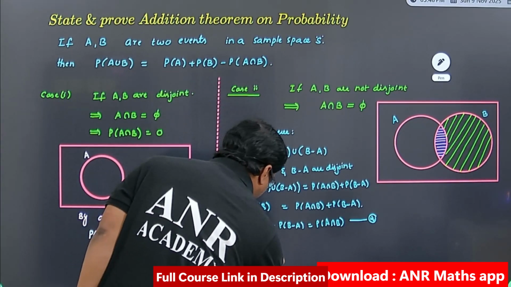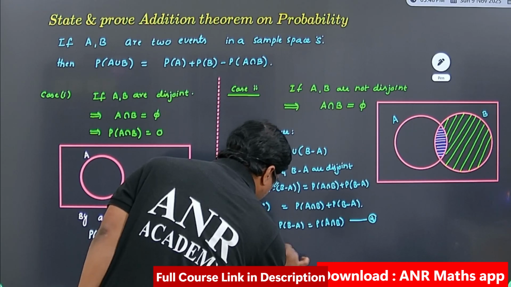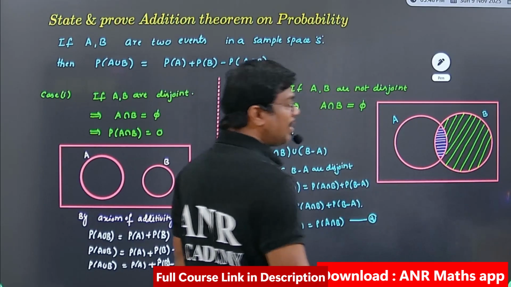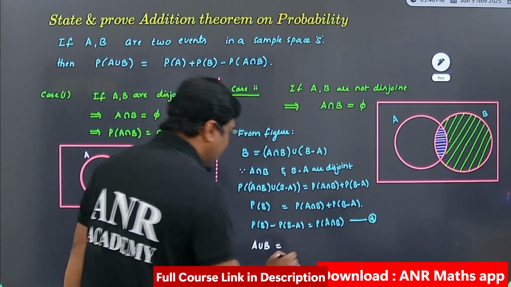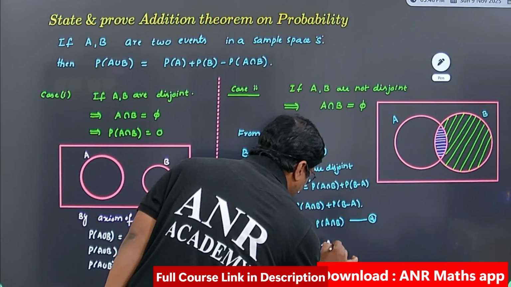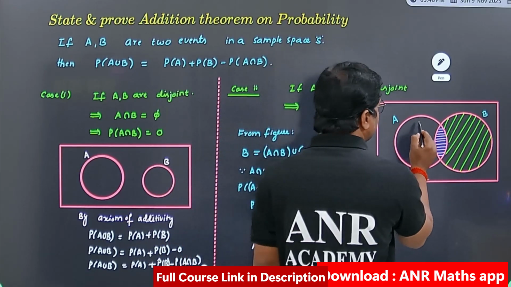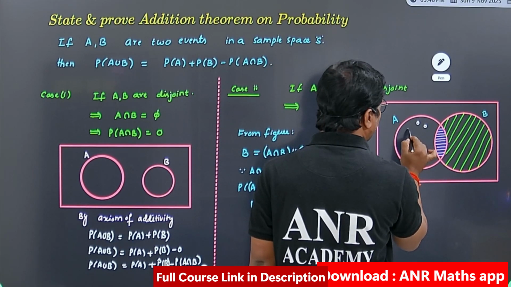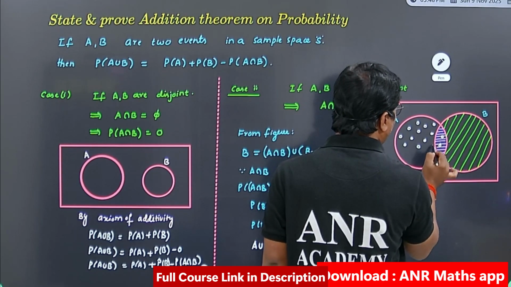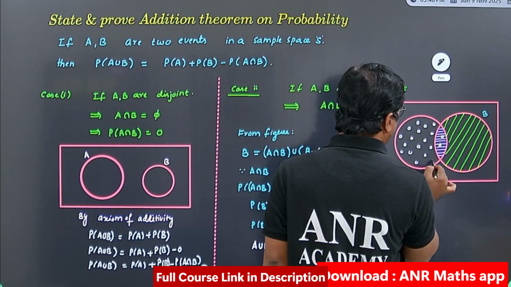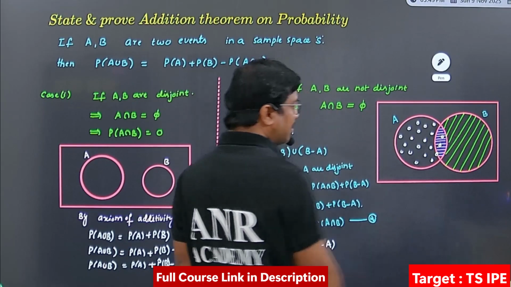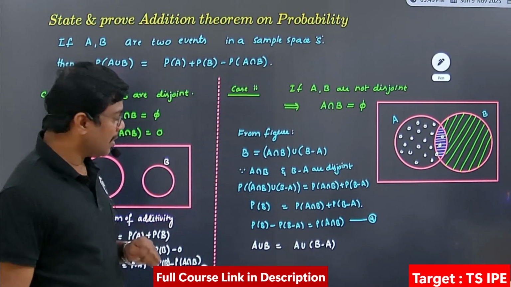See here, A union B part is written as A union B minus A. A is this A part, and for this A, if B minus A is added, then we get A union B, right?